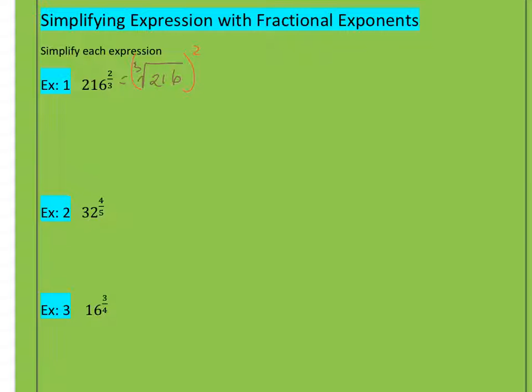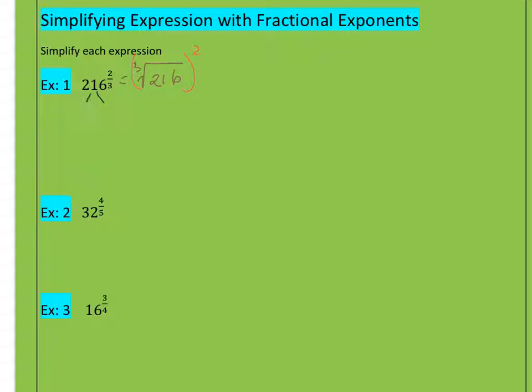So let's go ahead and prime factor 216. I don't know off the top of my head exactly what's in there, but I do know that 216 is divisible by 4 because 216 ends in 16 and 16 is divisible by 4. So I'm going to start out with 4.